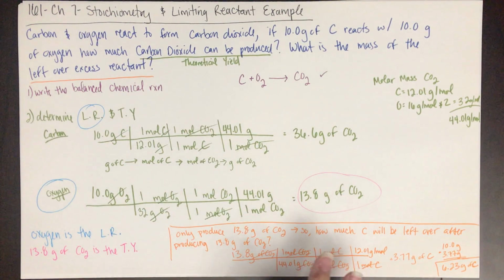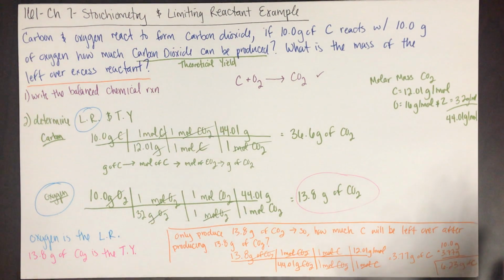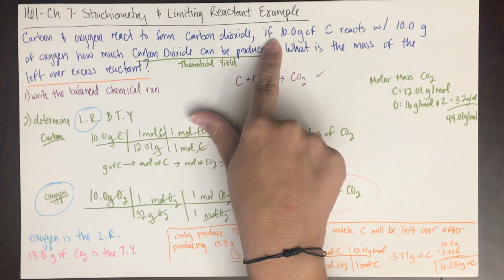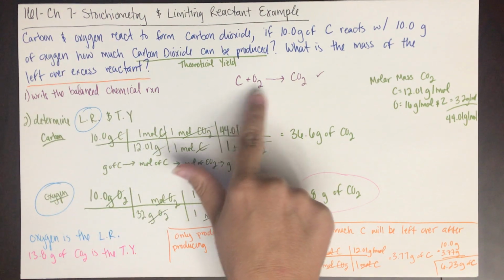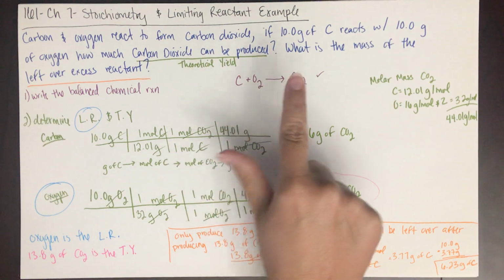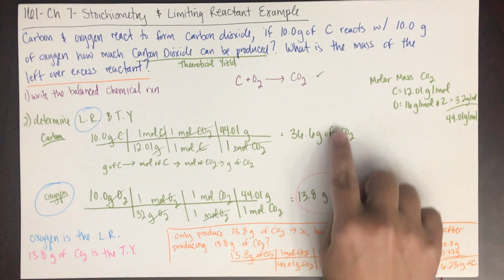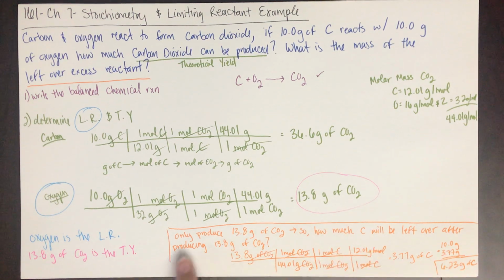So this is definitely something that you should be prepared to do on an exam. It will include writing the chemical formula from the sentence, which will include writing and naming compounds and molecules correctly. It will include balancing the chemical equation. It will involve determining the limiting reactant, and then the theoretical yield, and it may ask what would be the mass of excess unreacted reactant.